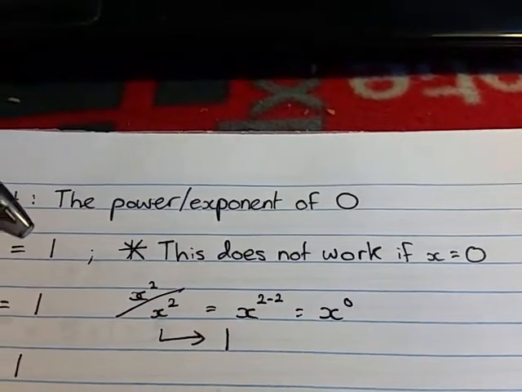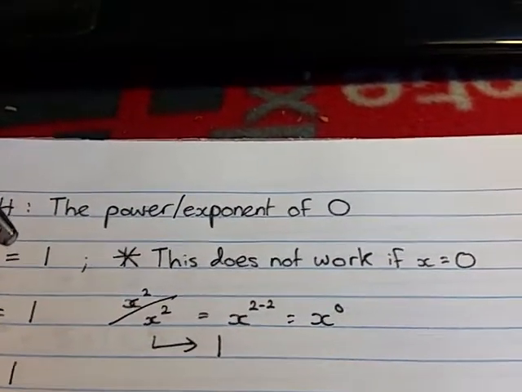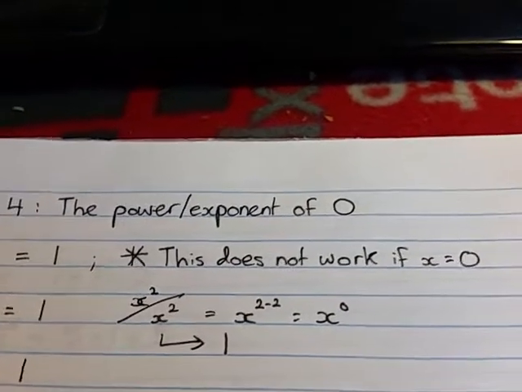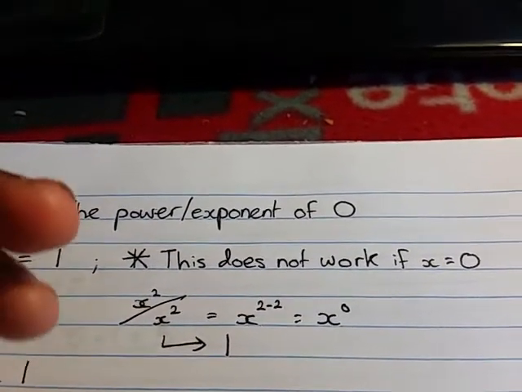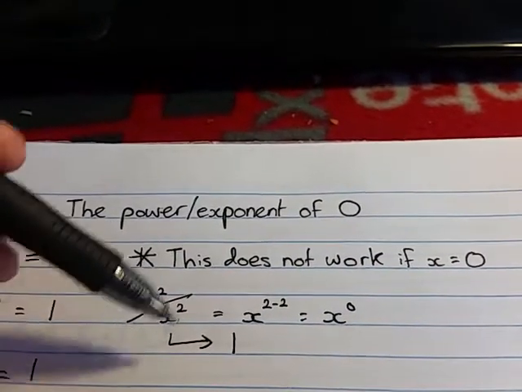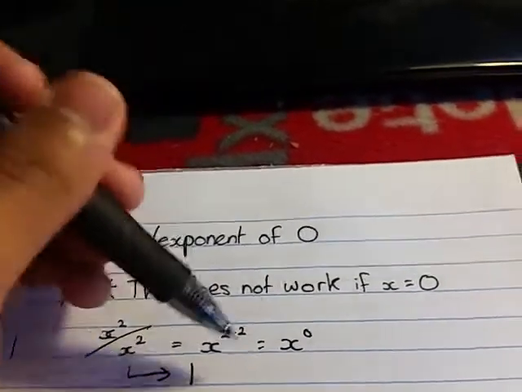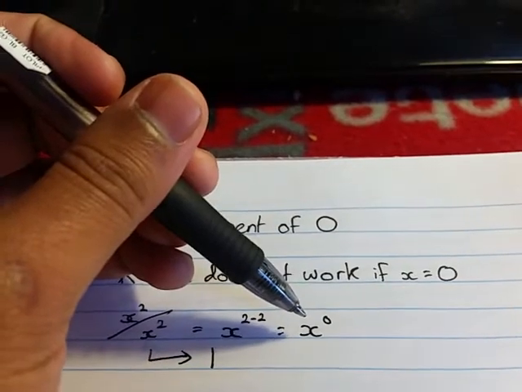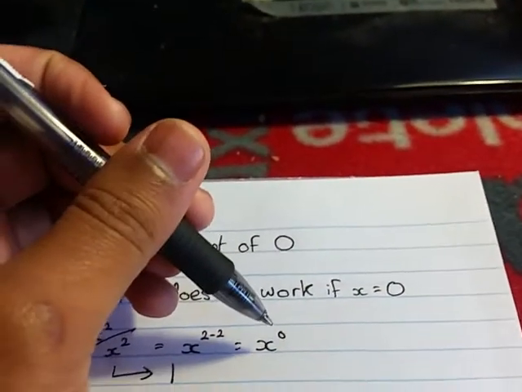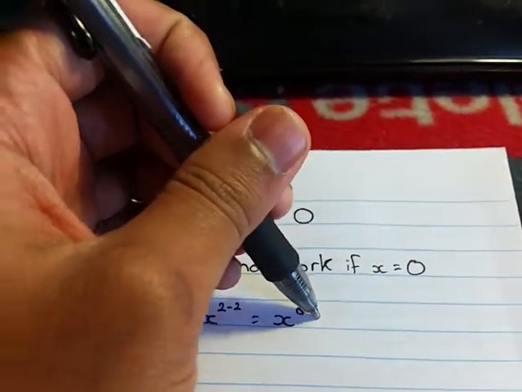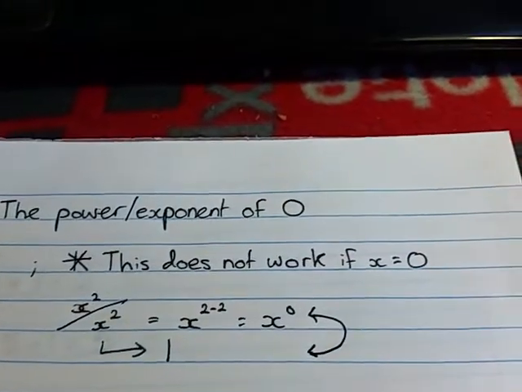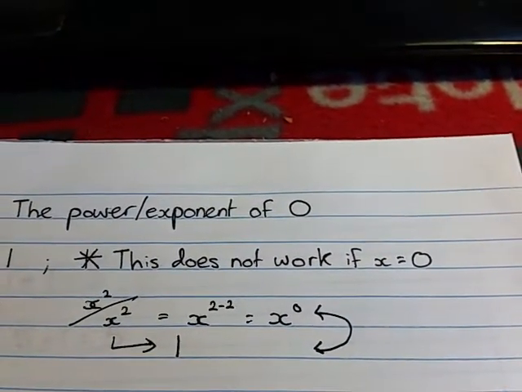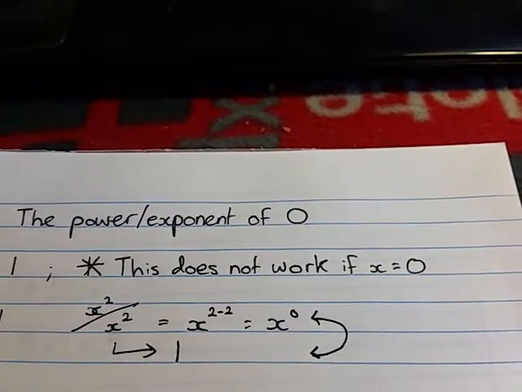Whether it be 1 divided by 1 gives you 1, 2 divided by 2 gives you 1, 5 divided by 5 gives you 1, x divided by x gives you 1. So x squared divided by x squared will also give you 1. But that's also equal to x to the power of 0. So which means that this is the proof that anything to the power of 0 equals 1.